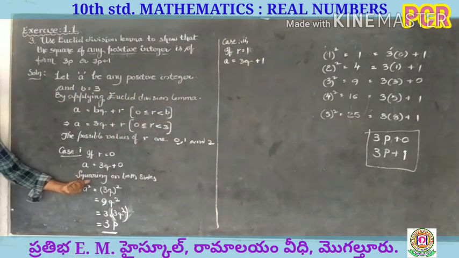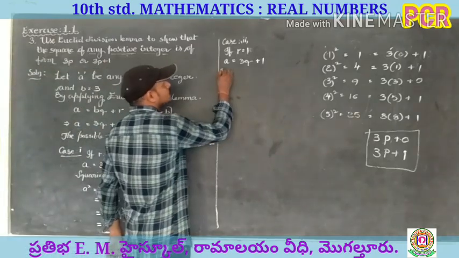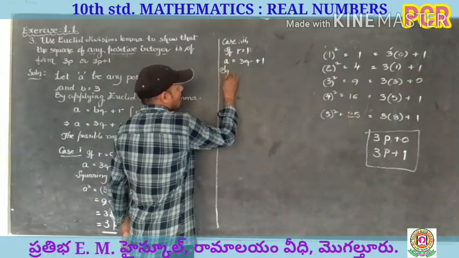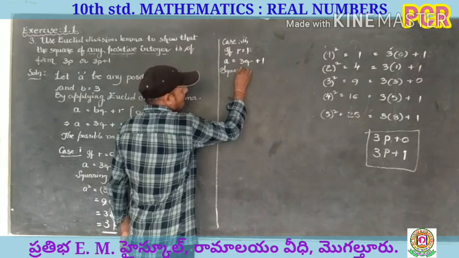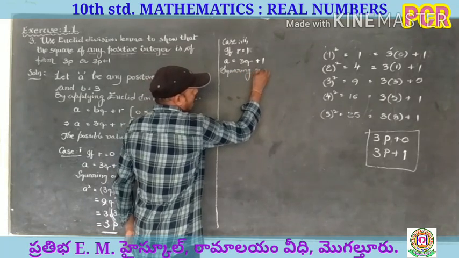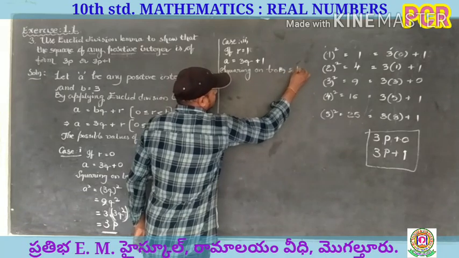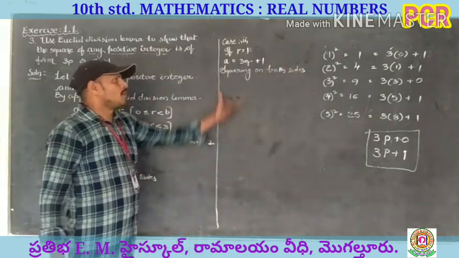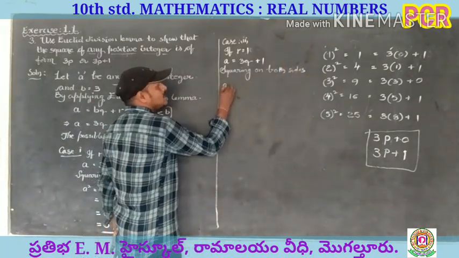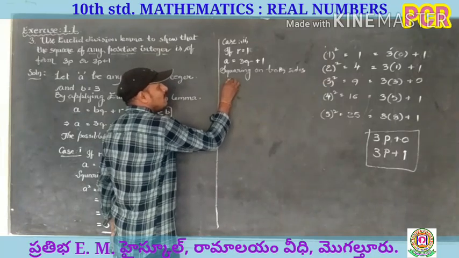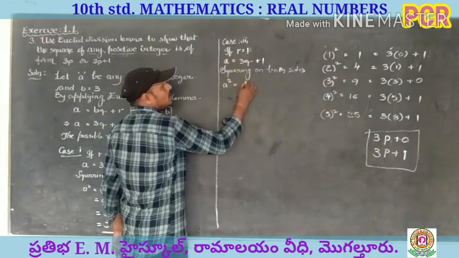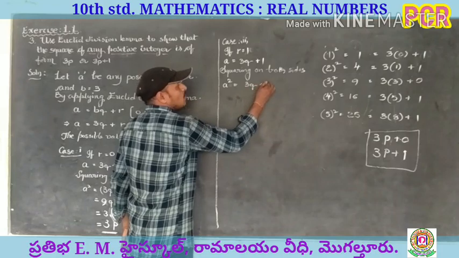And as well as squaring on both sides, a square is equal to squaring (3q plus 1) whole square.